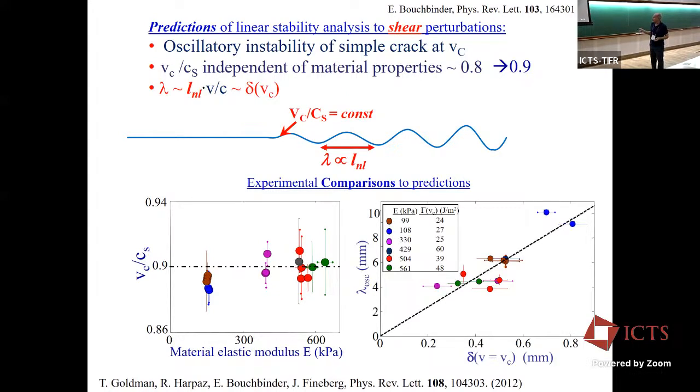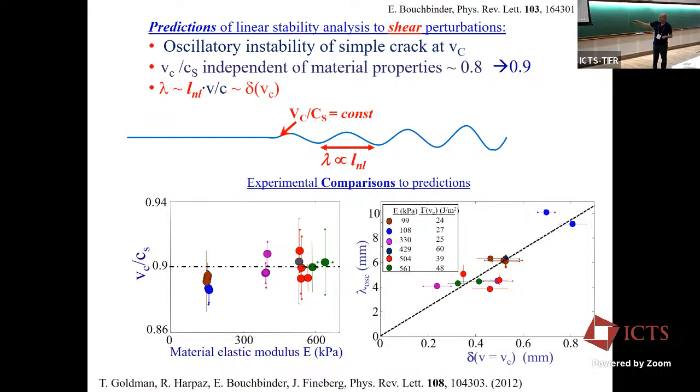And another experimental observation was that the wavelength of this oscillation scales with the nonlinear length. So what we saw was a linear scaling of the wavelength with this nonlinear scale.